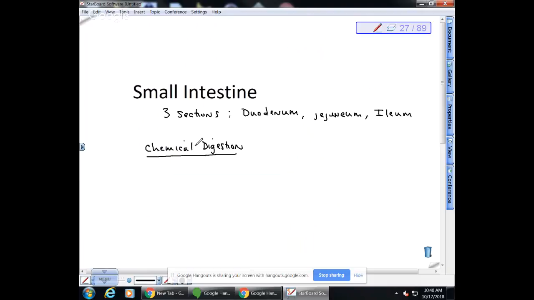So in the small intestine, the duodenum is connected to the pancreas. You'll remember from when we talked about hormones, for example insulin, that is produced by the pancreas. But the pancreas is also an accessory gland, or accessory organ, that produces enzymes.